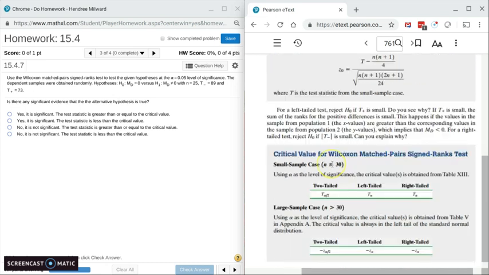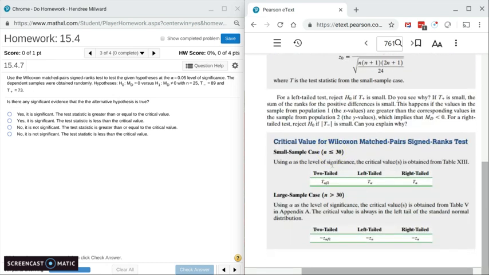Now we need to find the critical value, and all we need to do is go to table 8 in the back of the book. I know that can be a little hard to find if you're just working with the textbook, but let me look up the page number. What is it? No, sorry, it's not table 8. It's table 13.